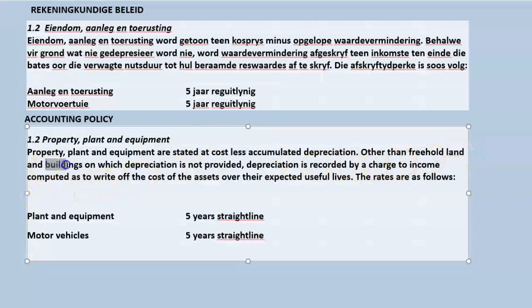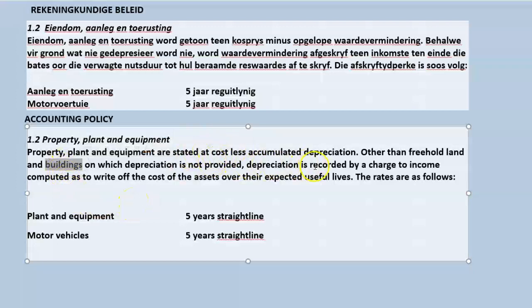But buildings is a different matter. If you do not attend to a building, if you don't maintain a building, you can clearly see that if you haven't done anything in a 5-year period of time, that building has deteriorated. So therefore, there's definitely depreciation that is applicable on buildings. Buildings by itself does not appreciate over time. It needs some maintenance work in order to keep the value intact.